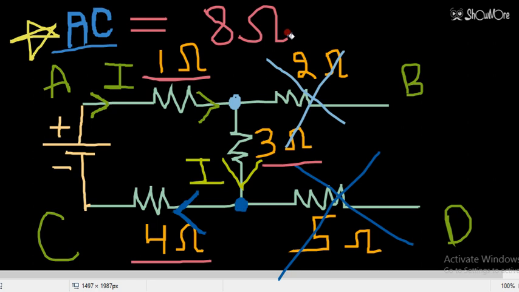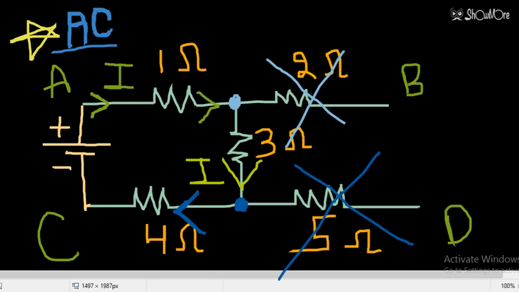Now we have to discuss the resistance between A and D. Now we have to find the resistance between point A and D. So can I start now? Okay, now I am starting. If you have any doubt up to any point, then you can ask.